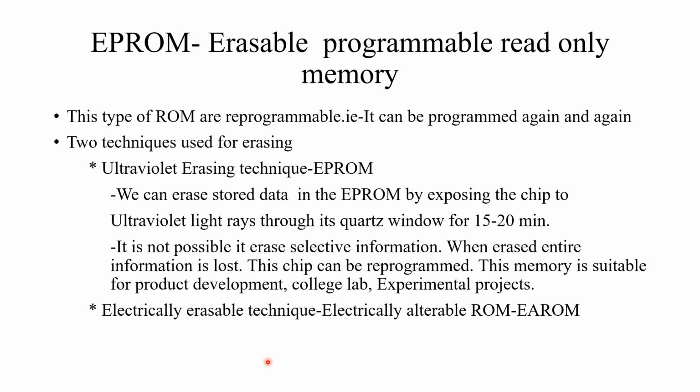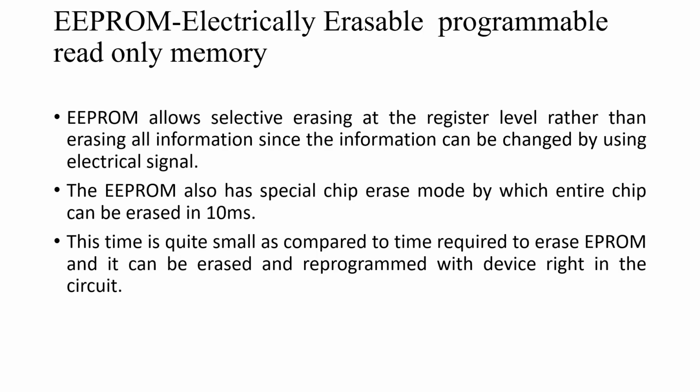Then another technique for erasing is the electrically erasable technique. We use this technique in the EAROM, that is electrically alterable ROM. The next is E-squared ROM, that is electrically erasable programmable read-only memory. E-squared ROM allows selective erasing at the register level rather than erasing all information, since the information can be changed by using an electrical signal.